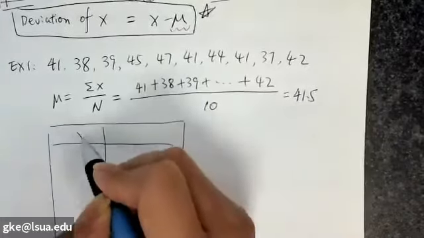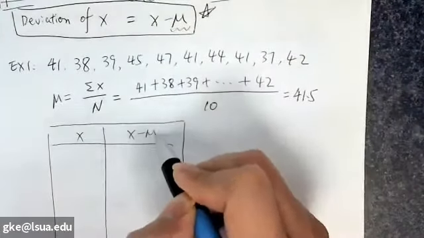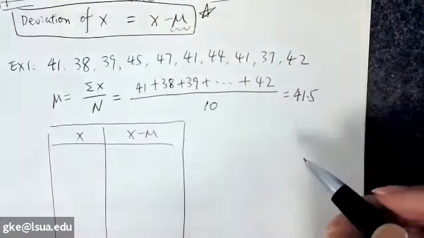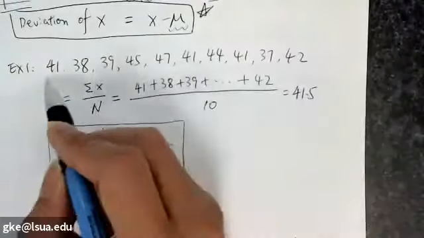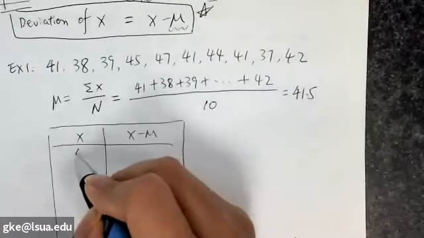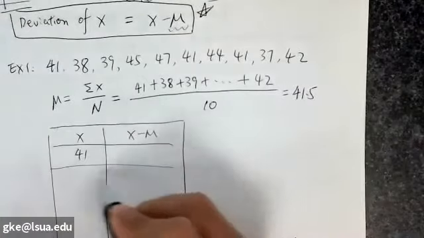We have x value. X value means the entry. Entry means the value here, okay? So how many entries? We have 10. So the first one is 41.